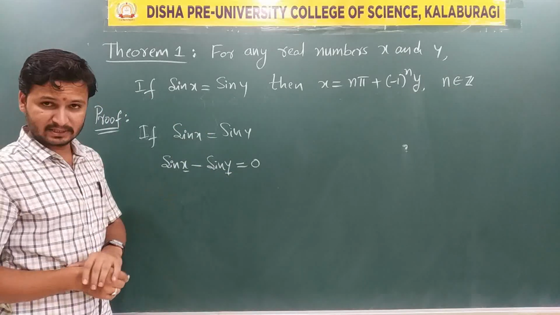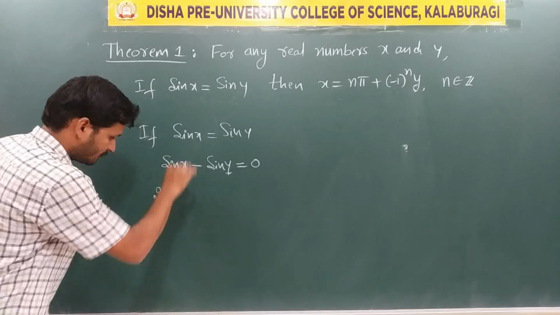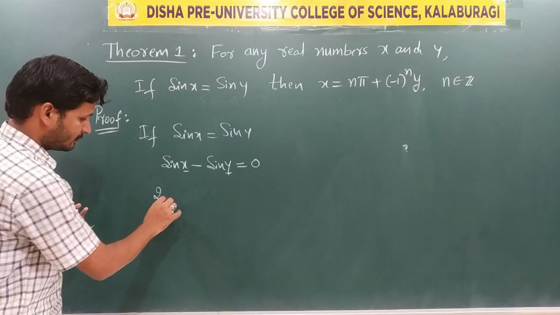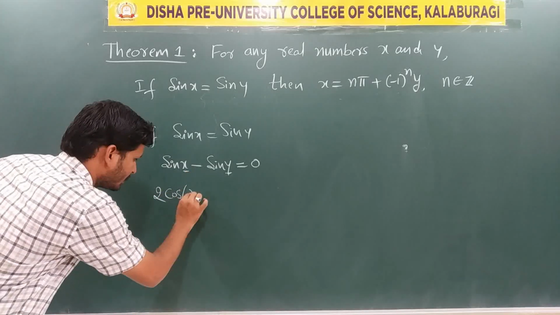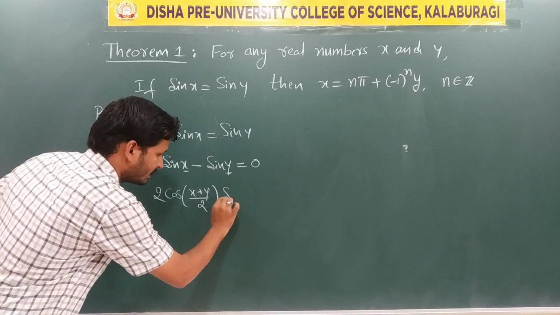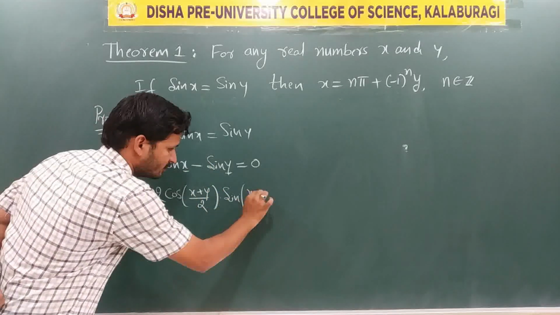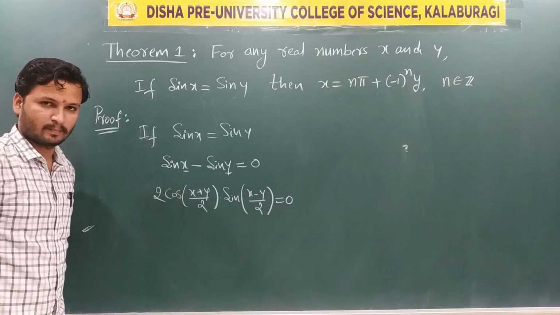Sin c minus sin d is equal to 2 times cos of (c plus d) by 2, that is cos of (x plus y) by 2, into sin of (c minus d) by 2, that is (x minus y) divided by 2, is equal to 0.